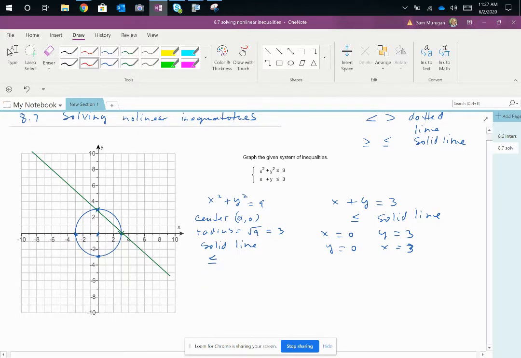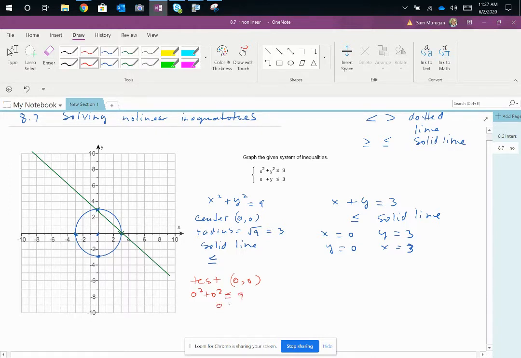We're going to select 0, 0 as the first point, inside of the circle but below the line. Okay? And we're going to test it in the inequality. So testing it, we have 0 squared plus 0 squared is less than 9.